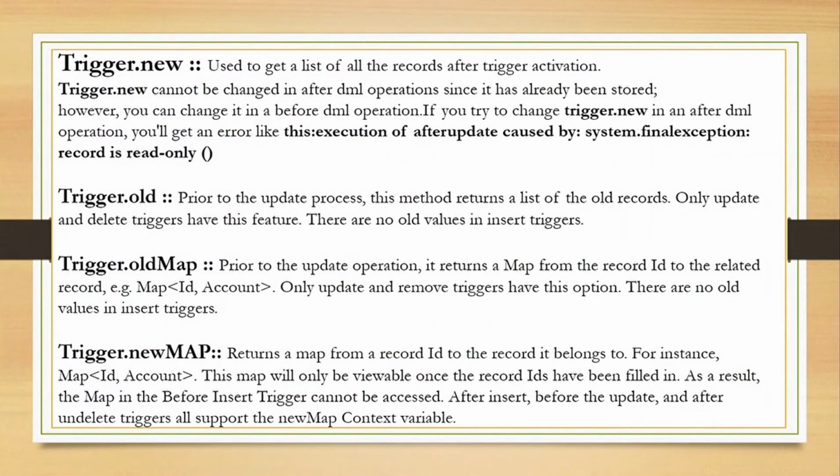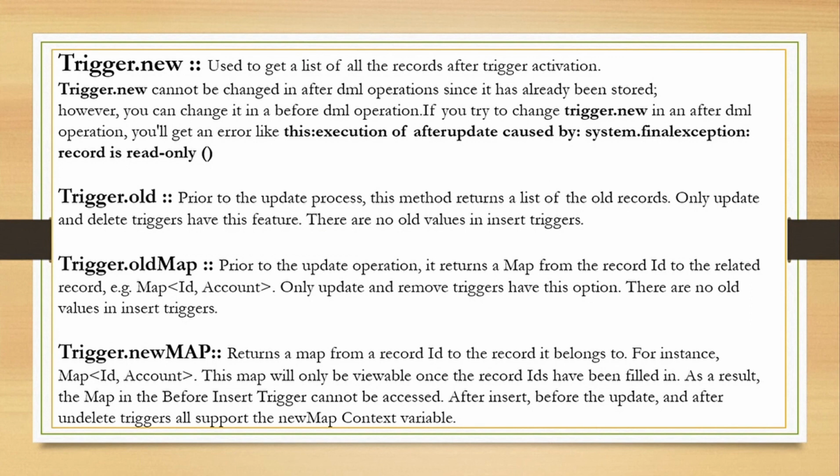So what is Trigger.new? It is used to get a list of all the records that fired the trigger. Trigger.new cannot be changed in after DML operations since the records have already been stored. However, you can change it in before DML operations. If you try to change Trigger.new in after operations, you will get an error like: execution of AfterUpdate caused by System.FinalException: Record is read-only.